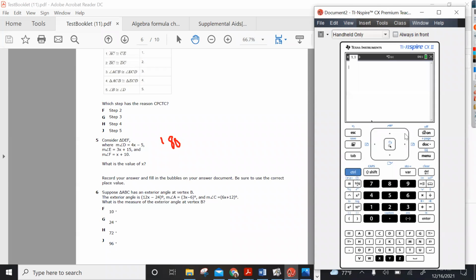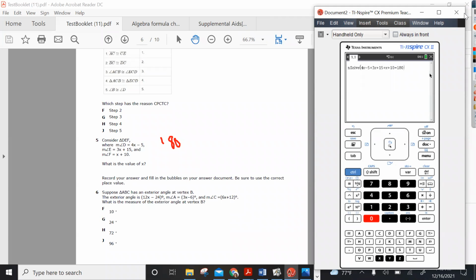We're going to go to a calculator screen. I'm going to do menu, algebra, solve systems. Not system solve, numerical solve. And we're going to type it in here. We have 4x minus 5 plus 3x plus 15 plus x plus 10 equals 180, because that's how much a triangle is.